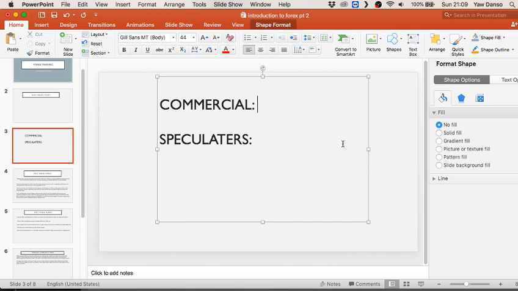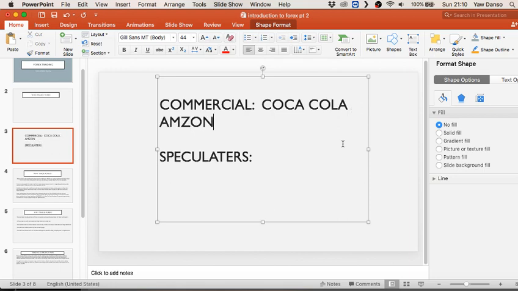An example of commercial entities that trade the market not for money, but because they have to be there, is large companies like Coca-Cola, Amazon, Microsoft.